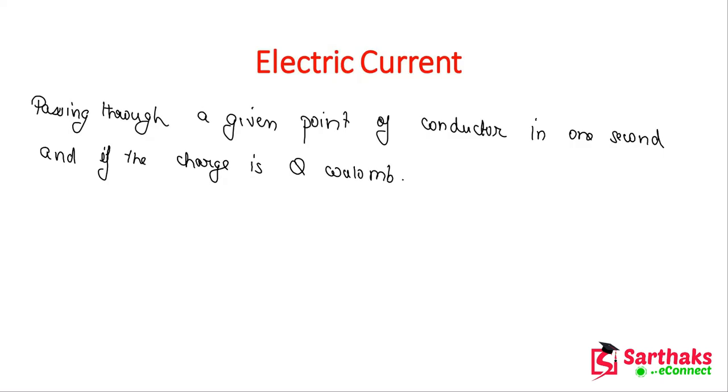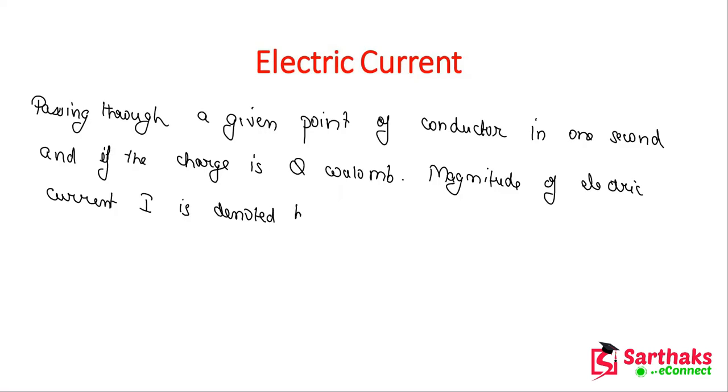then how can we calculate the electric current? We calculate the magnitude of electric current and it is denoted by I. The magnitude of electric current I is equal to Q upon T, the amount of charge flowing per unit time.